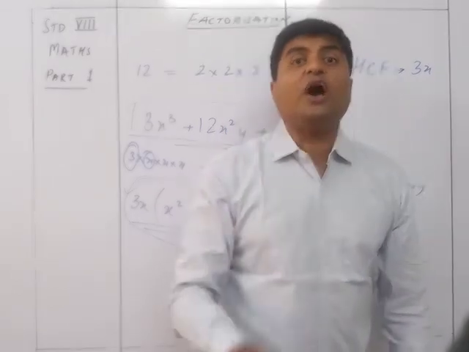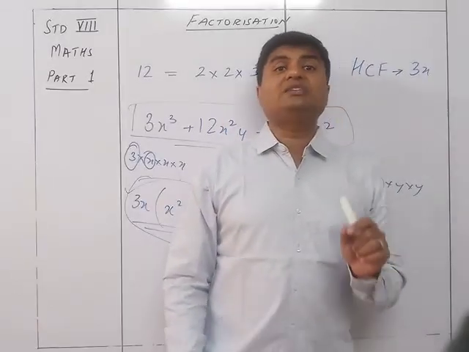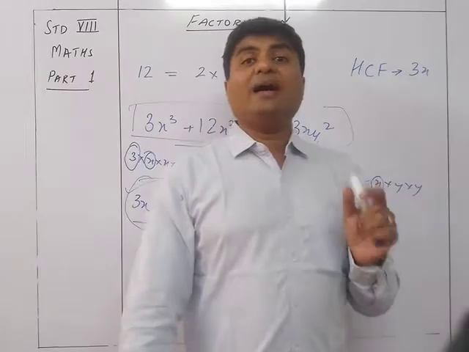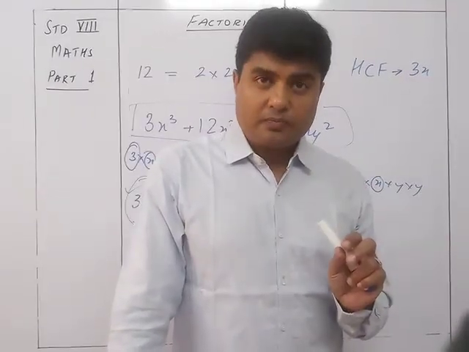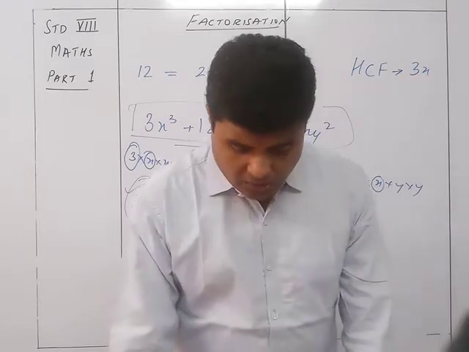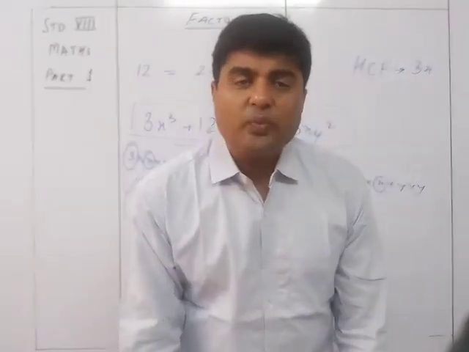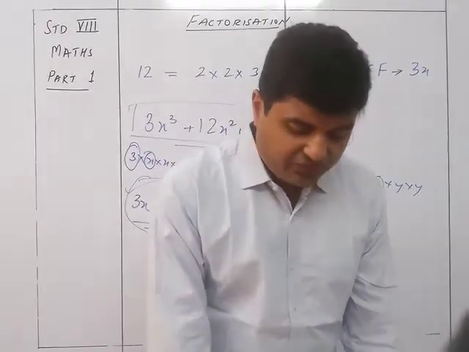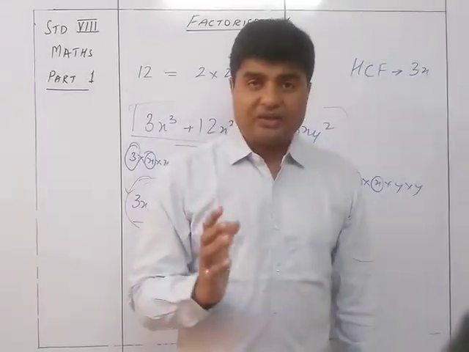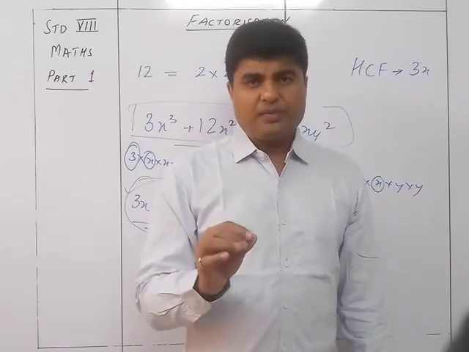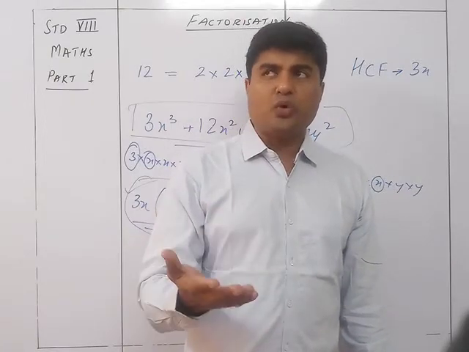The question of expansion is the answer of factorization, and the answer of factorization is the question of expansion. So very simple thing is, we are just going to find out the highest common factor, and accordingly take out the brackets common in it. As we do these sums, it will be much clearer to you.